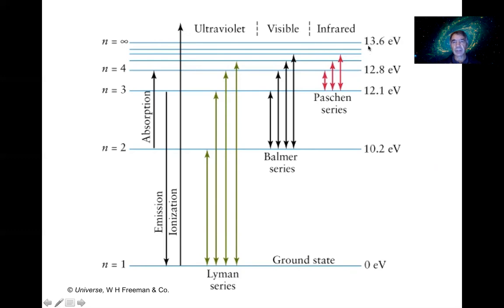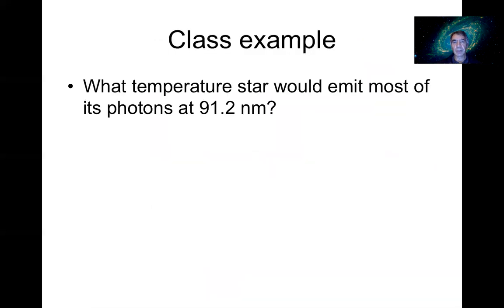So that's what we're talking about if we're trying to ionize hydrogen using photons. They have to have an energy greater than 13.6 eV or a wavelength shorter than 91.2 nanometers. So again, here you can apply something you learned way back at the beginning of the course. Think about this for a second.